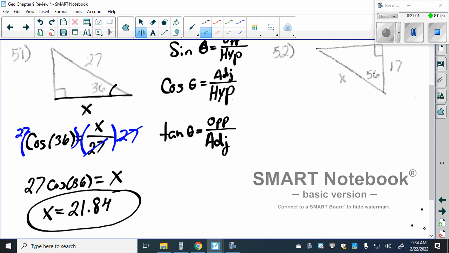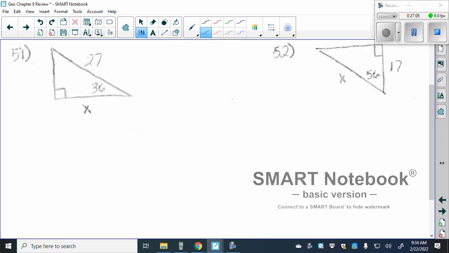So if we look at problem 52, we're given the angle of 56. We're given also that one side is x and one side is 17. Which one of these are we given the hypotenuse?